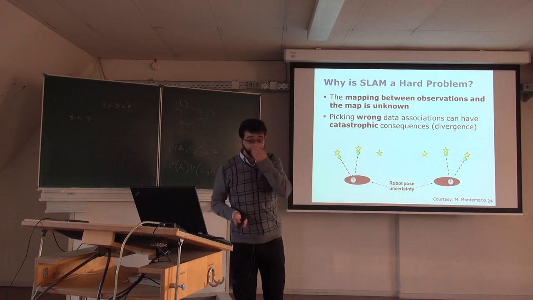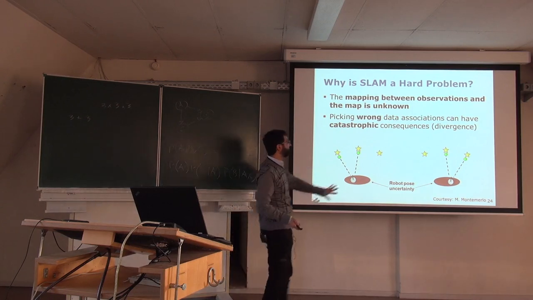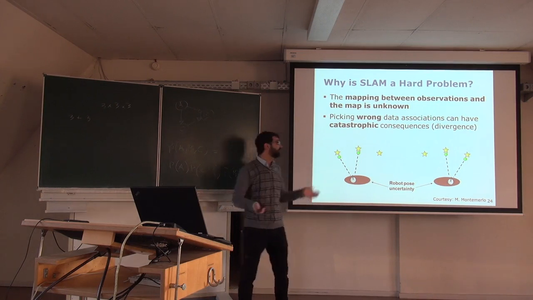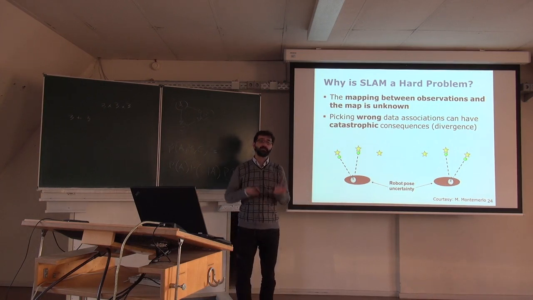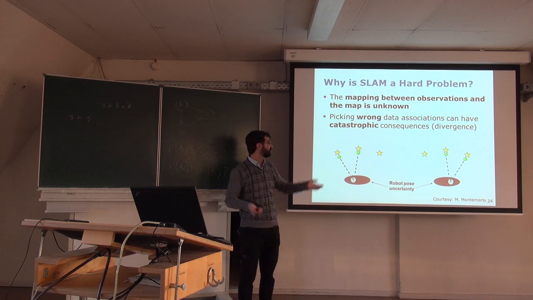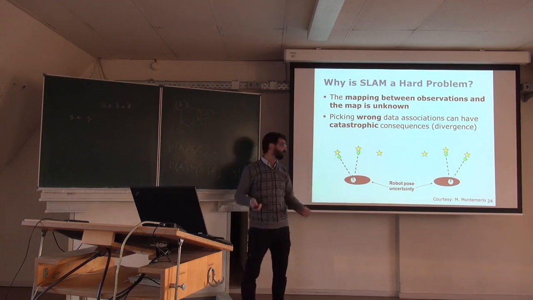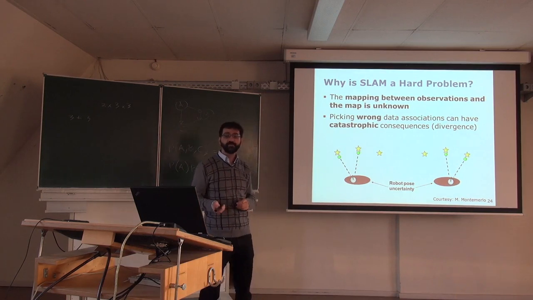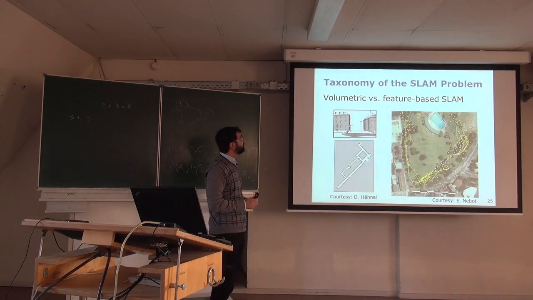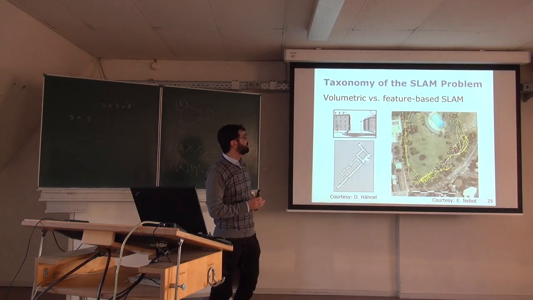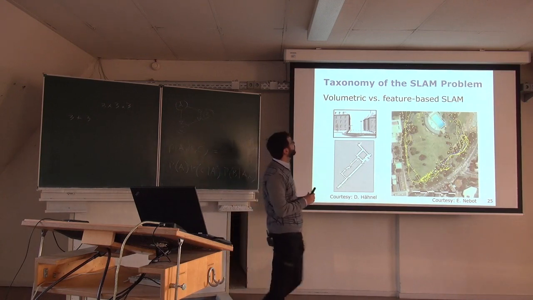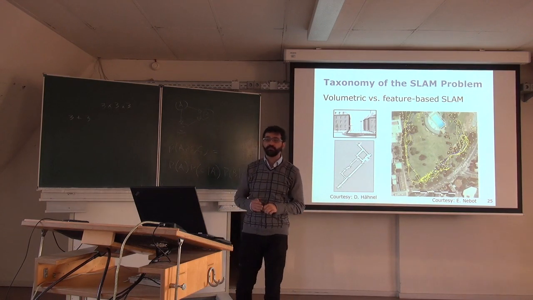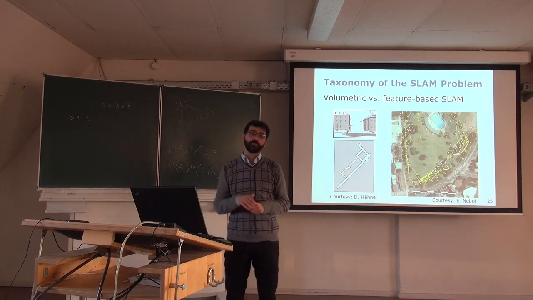Now, this is somehow an idea of why it is hard. And now I want to give you an idea of how it's been addressed, or what a map is. Because for now, we just saw stars and a circle with a small line that was the robot. But if you think about SLAM, there are several ways of subdividing the problem. There is something which is called the volumetric approach.